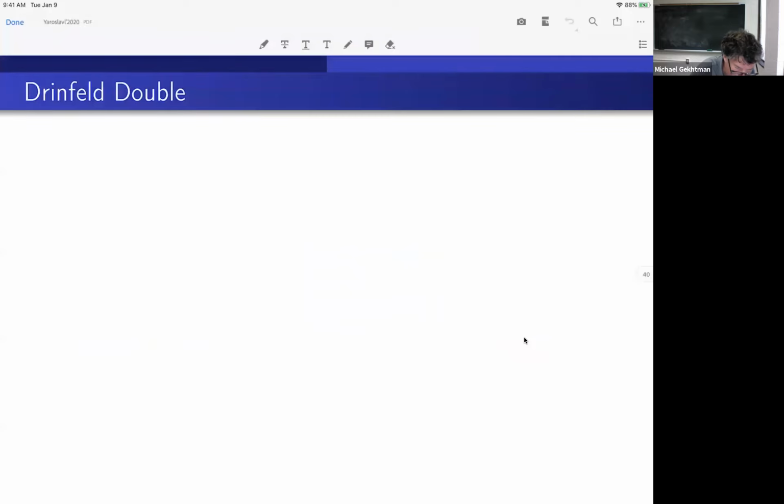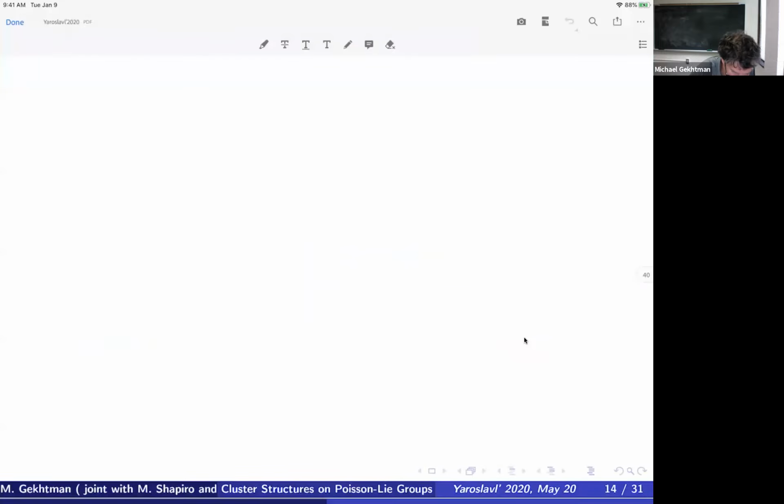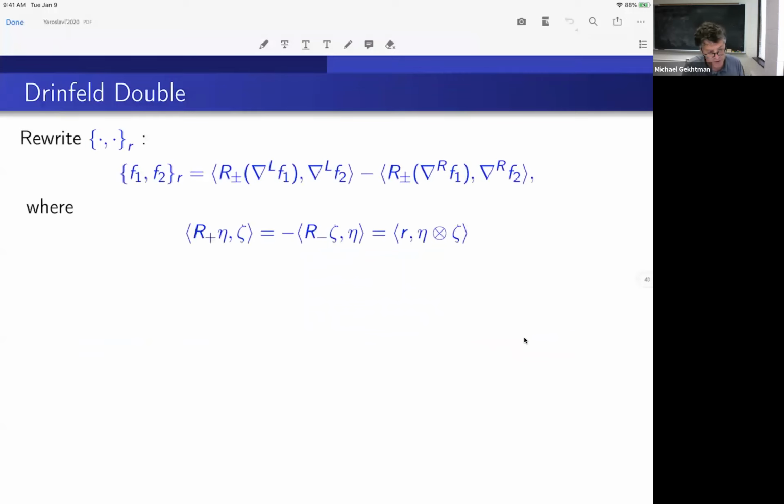And then the next notion. We talked about this with Dima. What is it called? The Belavin-Drinfeld double. We just copied this terminology from papers of Semenov-Tian-Shansky. We can now write down a Poisson bracket which is going to be Poisson-Lie.